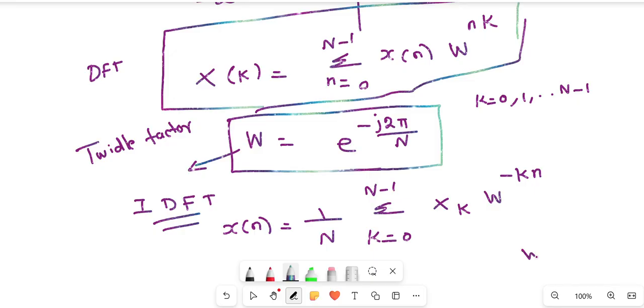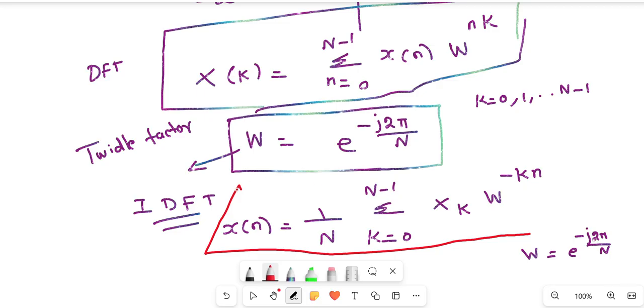Here also, what is W? e power minus j 2 pi by N. This is the IDFT equation.